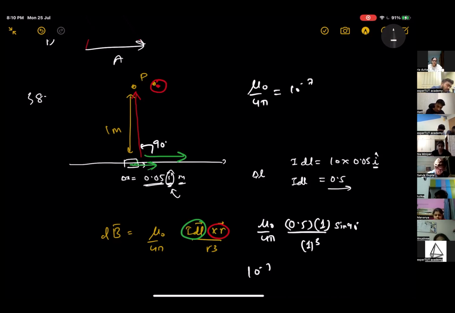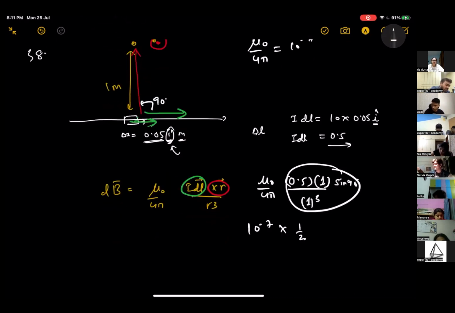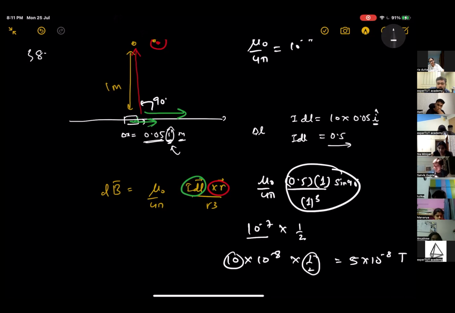So it is 10 power minus 7 into half. There is nothing else. You can write this 10 power minus 7 as 10 into 10 power minus 8, into half. And this half into 10 will be 5 into 10 power minus 8.